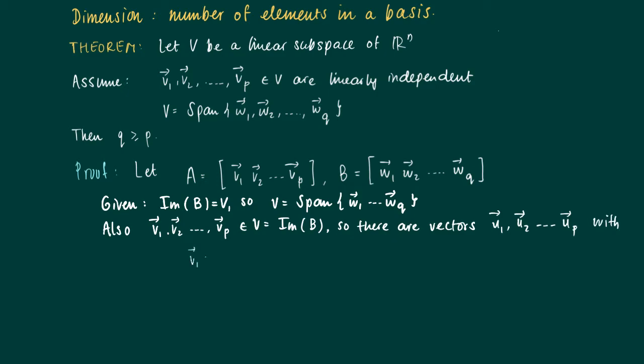So v1 is the image of u1 under multiplication by B, and v2 is B times u2, etc., until vp is the image of up under multiplication by the matrix B. So this means that the v_i's are linear combinations of columns of B.